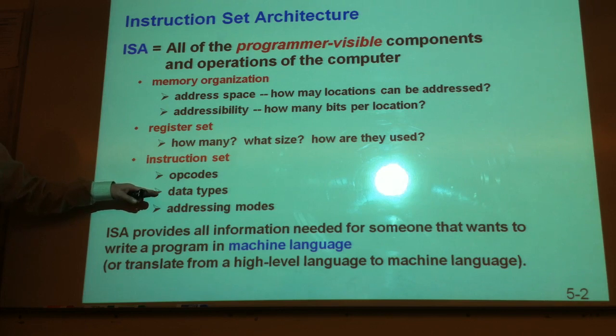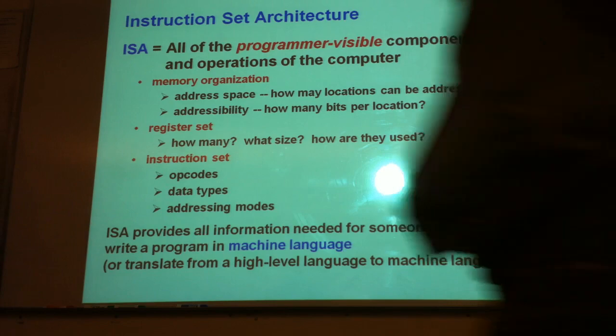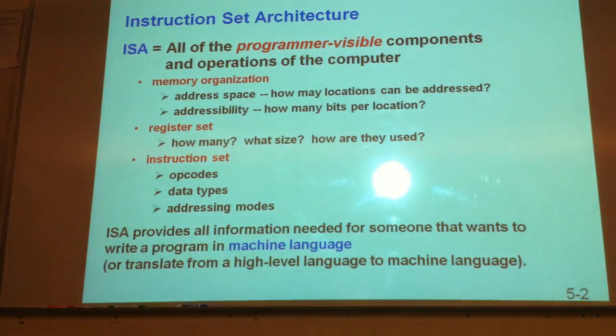Pentium has, you guys know how many data types? Byte, word, double word, and those are all ints. And it also has floating point. There's a floating point ALU in a Pentium. So a Pentium can handle floating point numbers directly. So those are not abstract data types. They're data types.